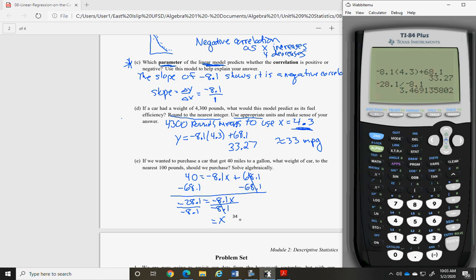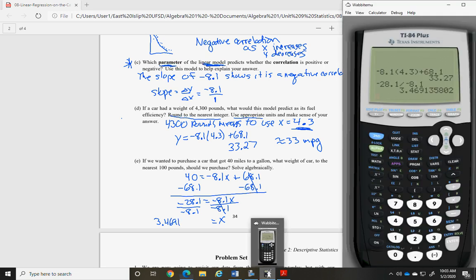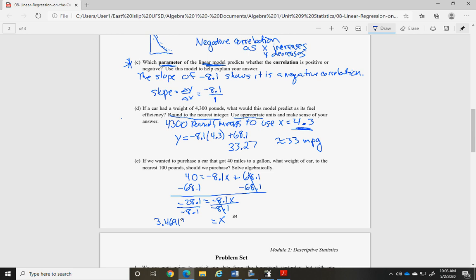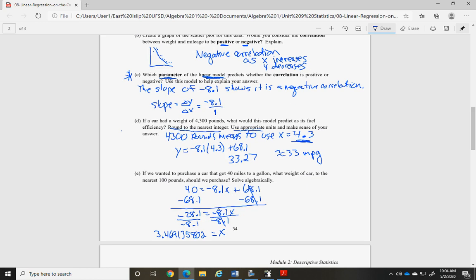I'm going to write down the whole thing. 3.469135802. Now I'm going to go read. So remember, first of all, X is in thousands of pounds.